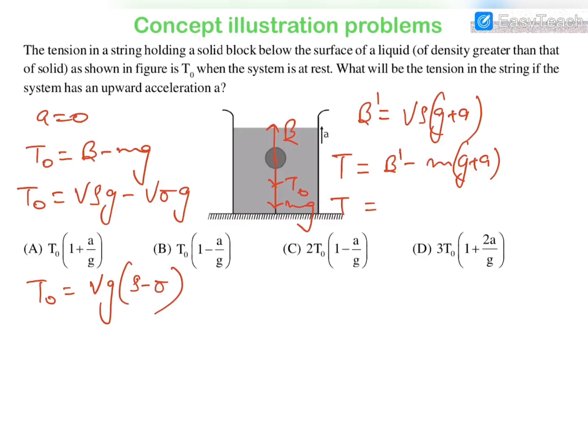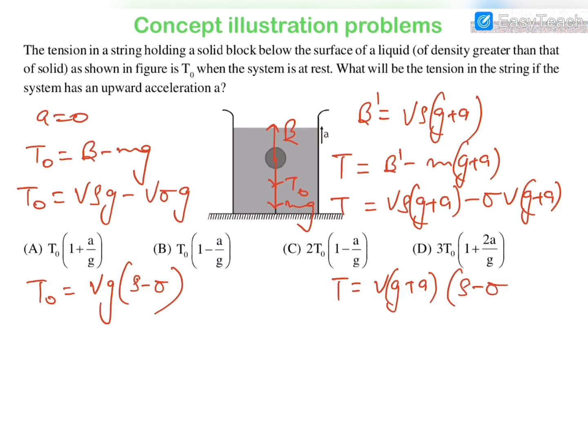So T will be equal to V rho (g plus A) minus V sigma (g plus A). If I take common, T will be equal to V into (g plus A) into (rho minus sigma).